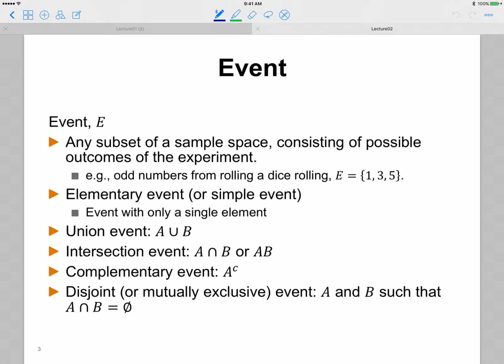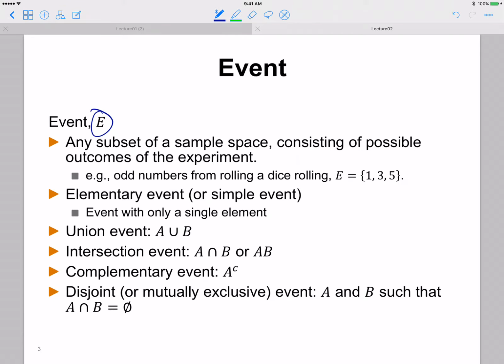And then let's study this event, which is denoted by E. This E is basically a subset of our sample space. So in the case of rolling a dice, the sample space is 1, 2, 3, 4, 5, 6, right? And then an event can be any kind of subset of that.